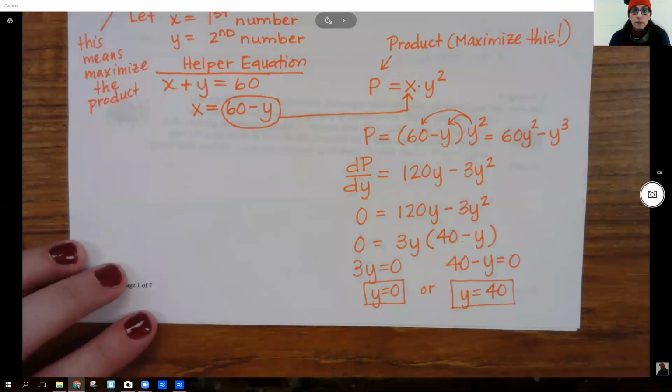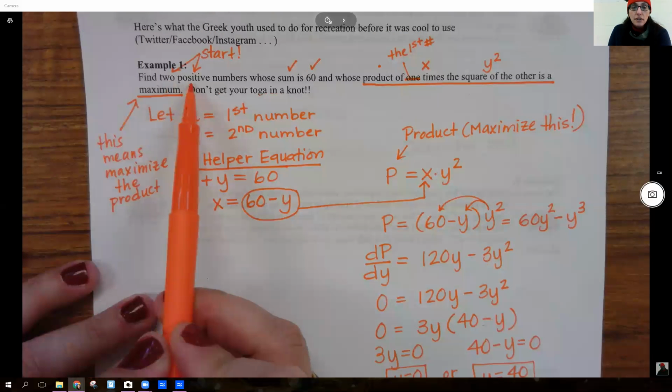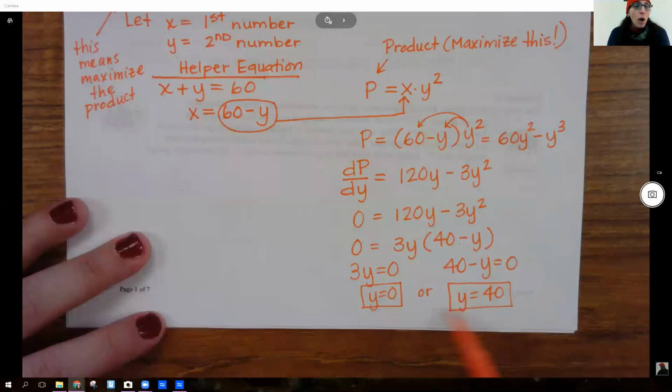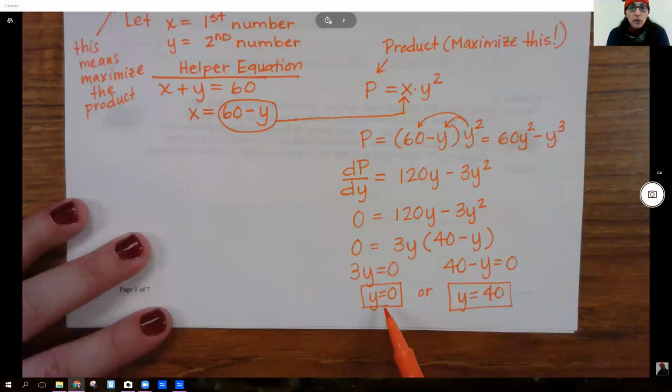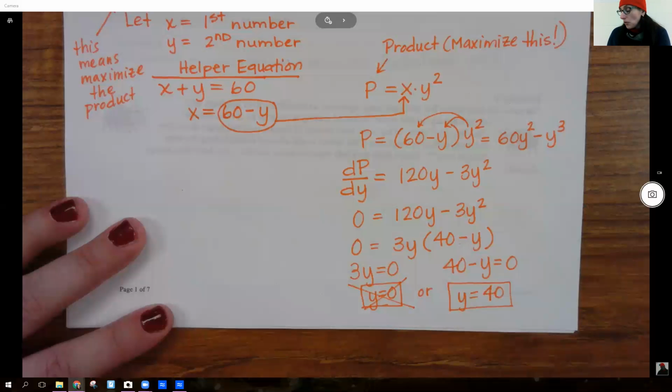Okay, so now this problem is asking you for two numbers. And remember at the beginning, they had to be two positive numbers. So right now we just solved for y, but 0 is not positive. 0 is neither positive nor negative, so you throw that one out. So y must have to be 40 for this, okay?